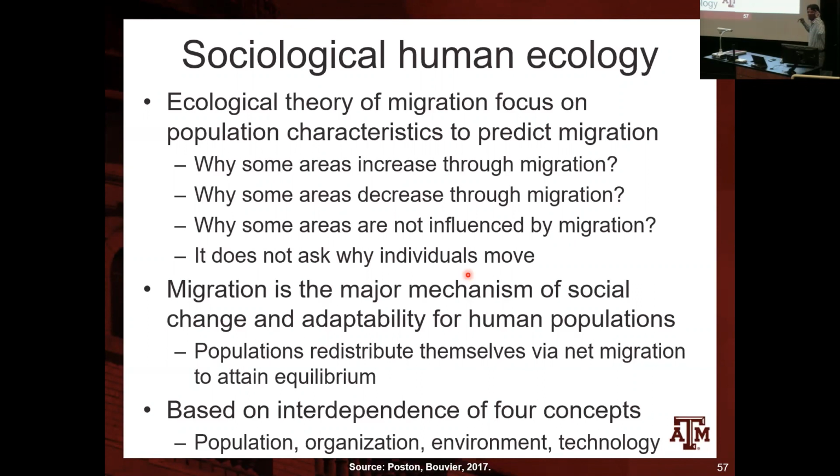So the neoclassical emphasizes the individual, the new economics of labor migration the household, and then the structuralist and spatio-temporal approaches emphasize the major composition of society, changes through time, historical changes. And the sociological human ecology also tries to understand the equilibrium, but looking at areas rather than individuals.